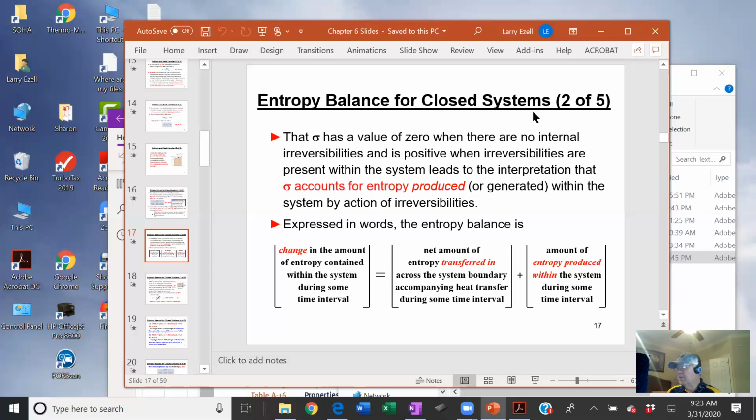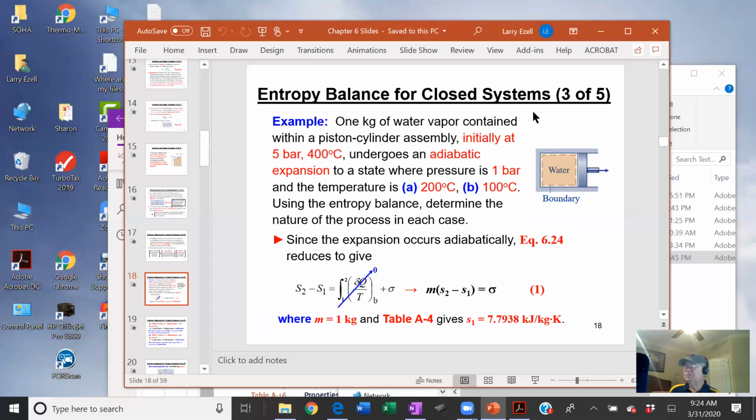For a closed system, like work and heat, entropy can cross the system boundaries, just like heat does. So that's a statement of the second law equation, which is the entropy equation for a closed system. All right, let's work a little example here, and maybe these things won't look so abstract.